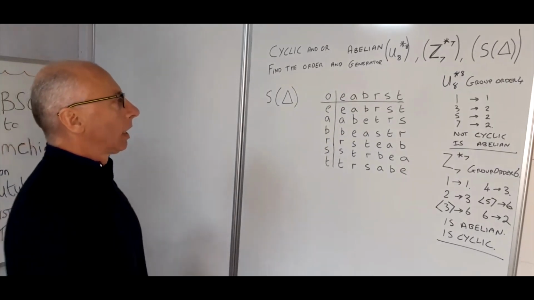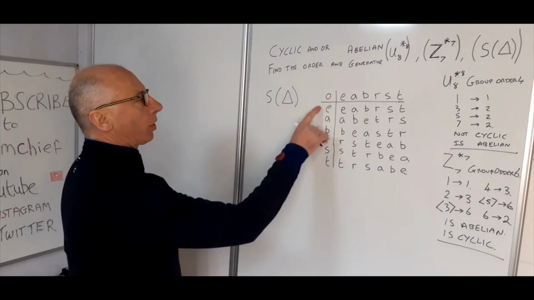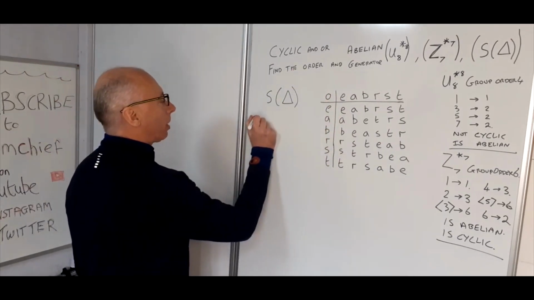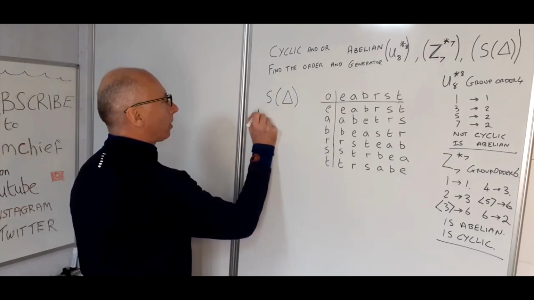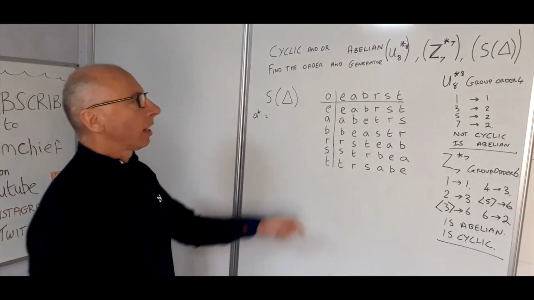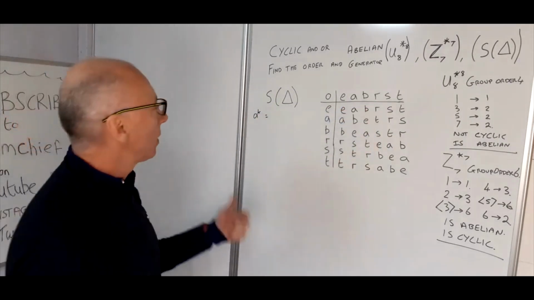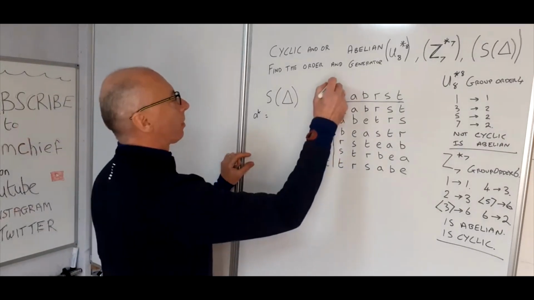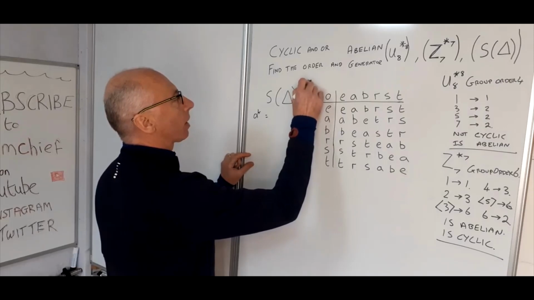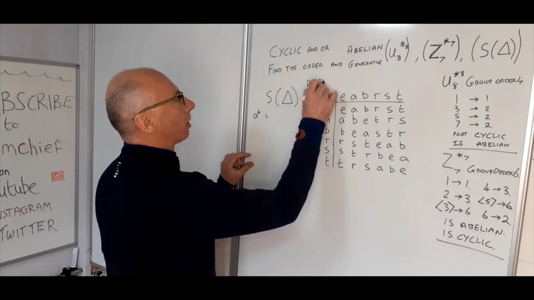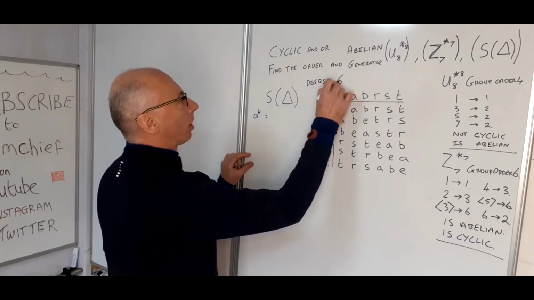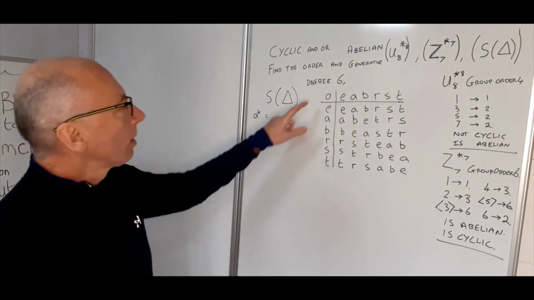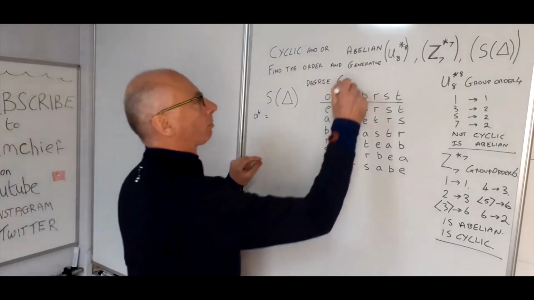So let's first of all find the order of each of the elements. So remembering we've got A to the K, and this time this group here is of degree 6. So this is degree 6. But the order is 6 factorial.